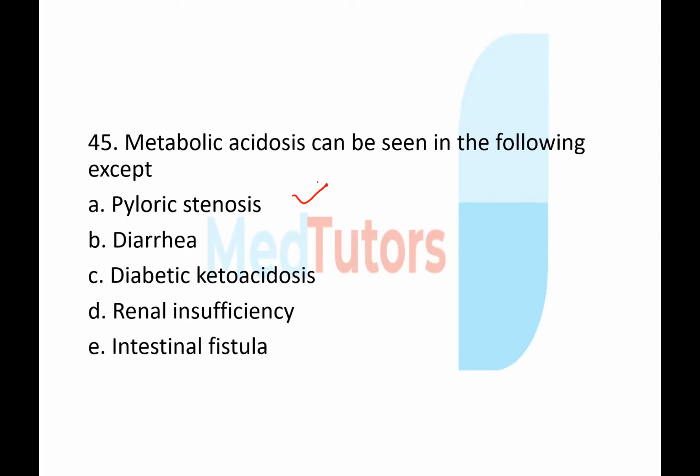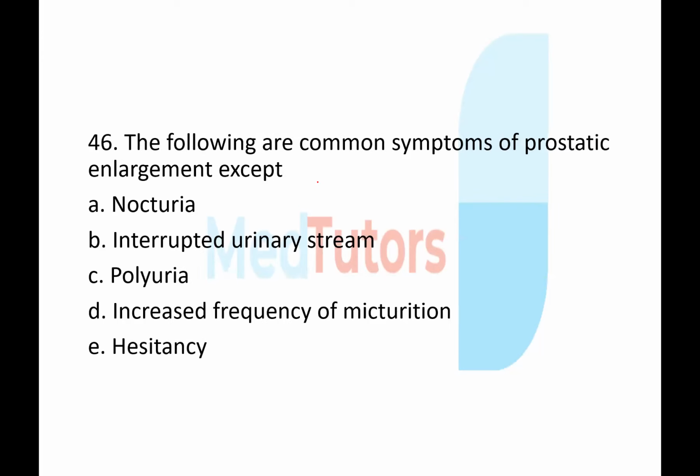So this is false. Diarrhea, they lose a lot of bicarbonates and fluid, so they will have metabolic acidosis, is correct. Diabetic ketoacidosis, they will have ketone bodies which will cause acidosis. Renal insufficiency, also intestinal fistula, will lead to a lot of loss in bicarbonate, which will cause metabolic acidosis.